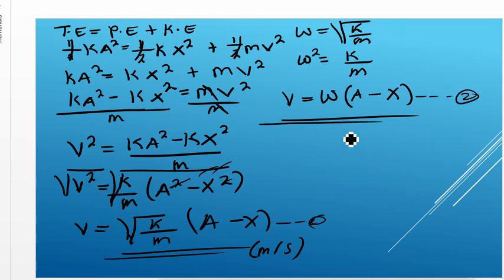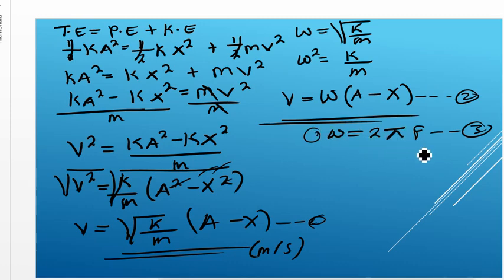Now from here, another formula for omega that you must be able to know is this. Omega in terms of frequency is equal to 2 pi frequency. You can take note of that formula.